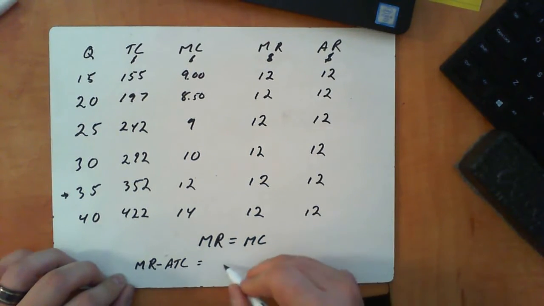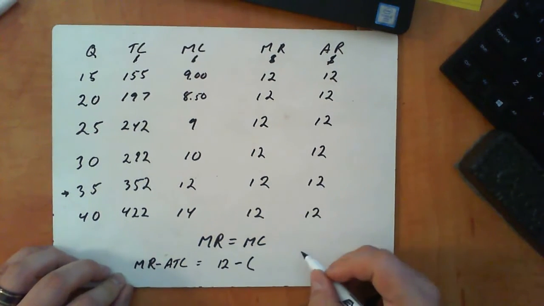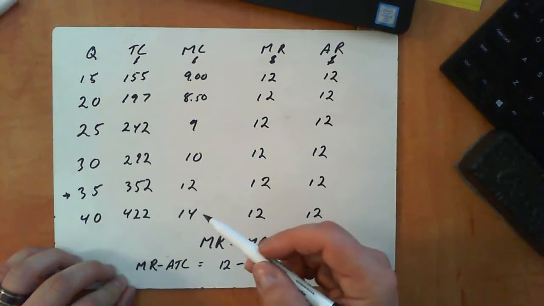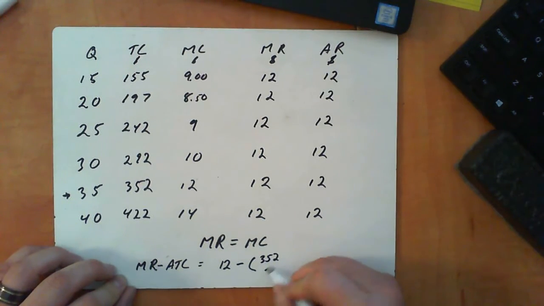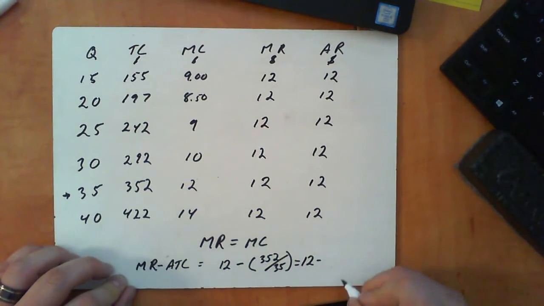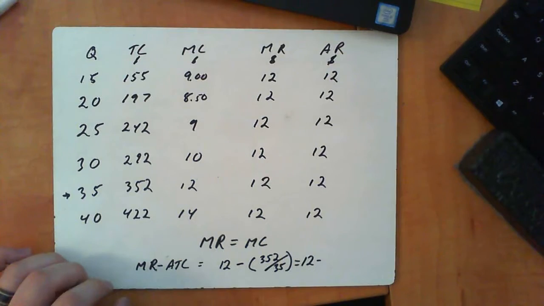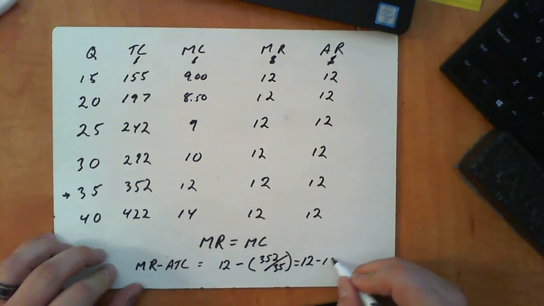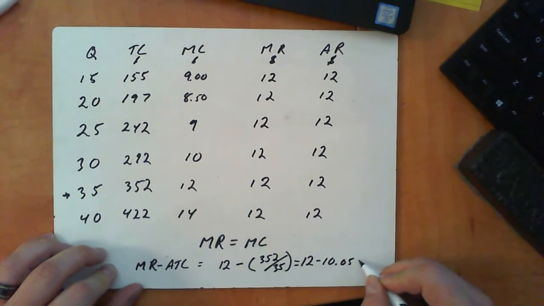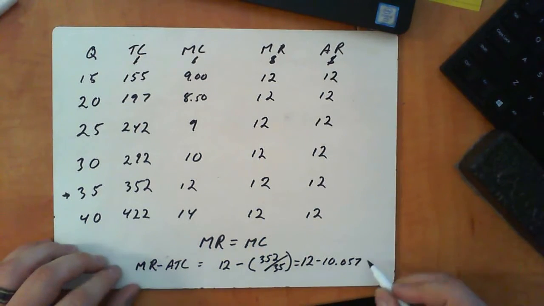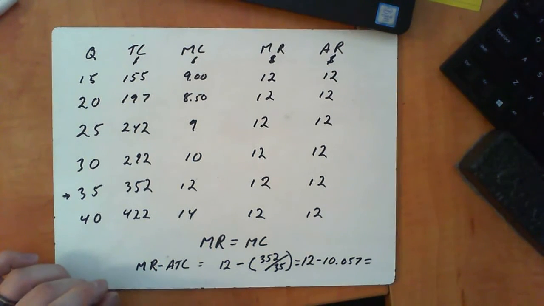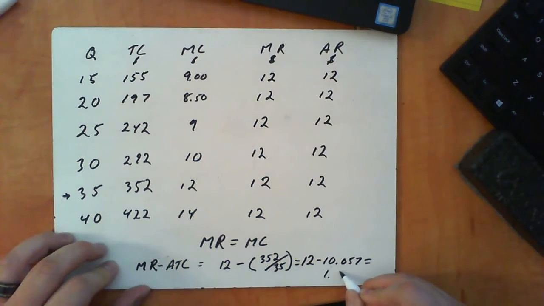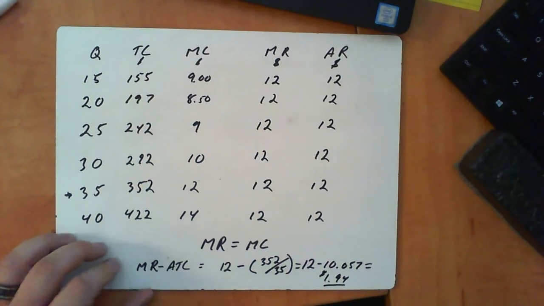So in this case, it's equal to 12 minus our average total cost, which is our total cost divided by quantity, 352 divided by 35. 352 divided by 35 is equal to 10.057. So 12 minus 10.057 is equal to 1.943, so in other words, $1.94. We'll just drop it down to 2 decimal places.